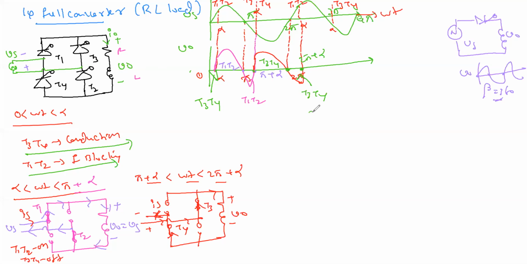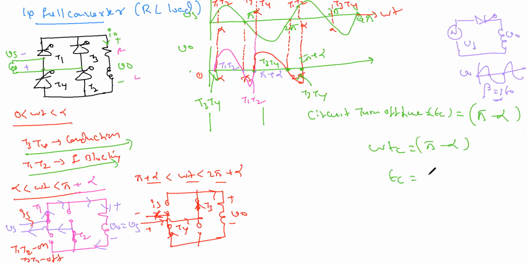So circuit turn off time TC is 0 to alpha forward blocking mode for T1, alpha to pi plus alpha conduction mode. So what is left here now? What is left is pi minus alpha. So omega TC is pi minus alpha. TC is pi minus alpha by omega.